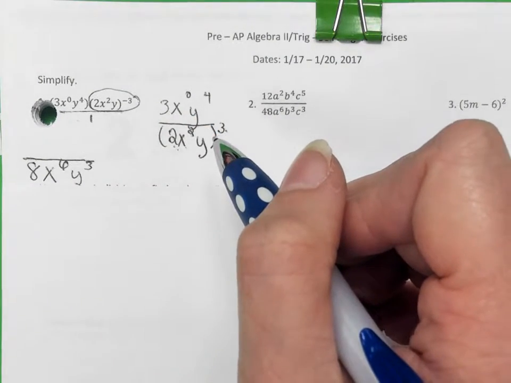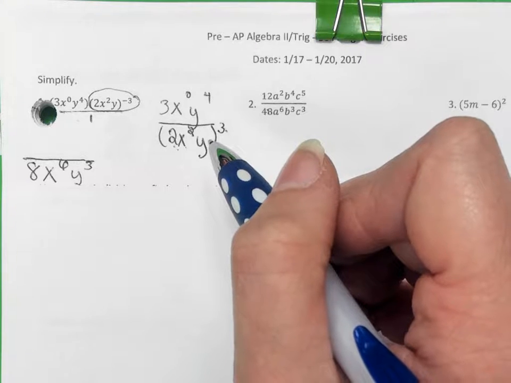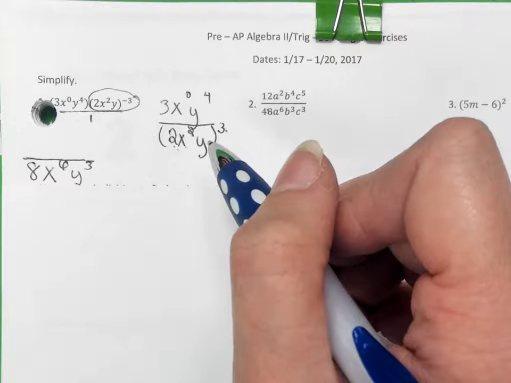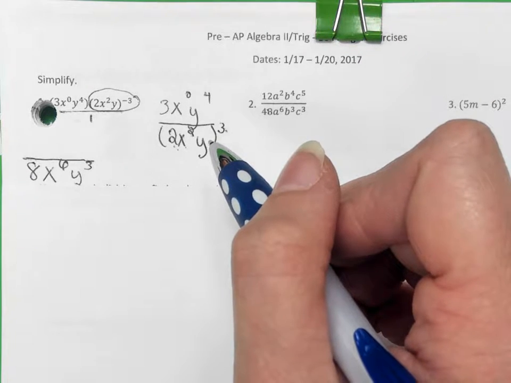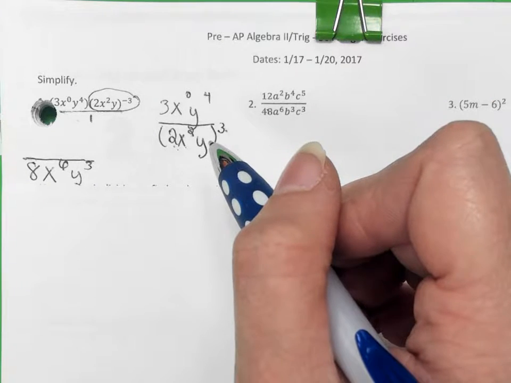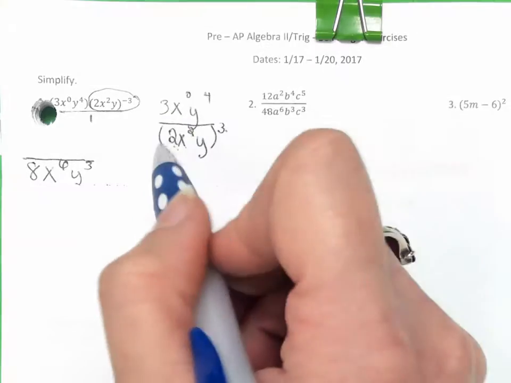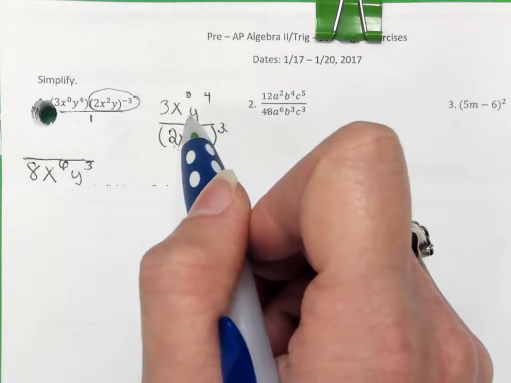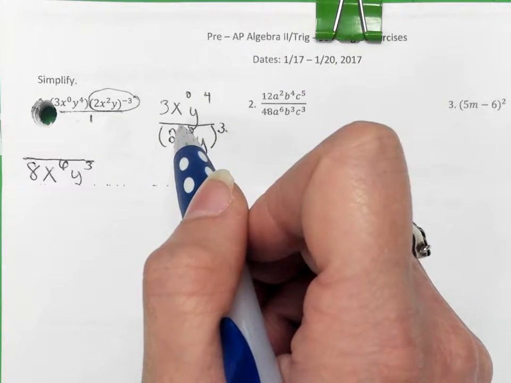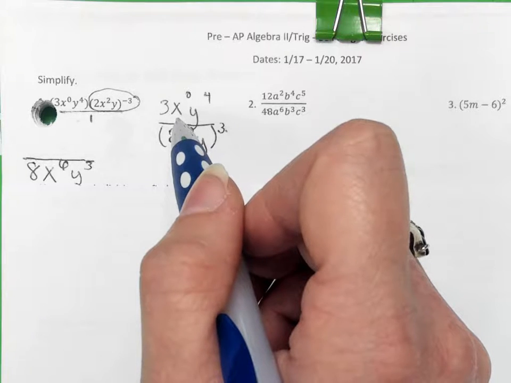Can I do anything on the top? Sure I can't do anything on the top? I'm just on the top, nothing else but the top. What about the x to the 0?